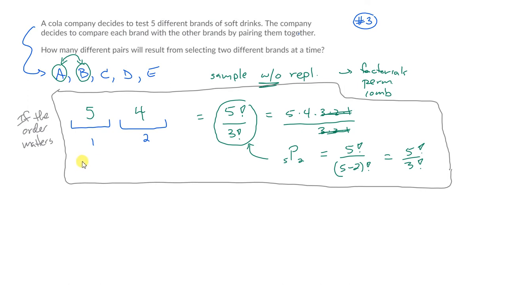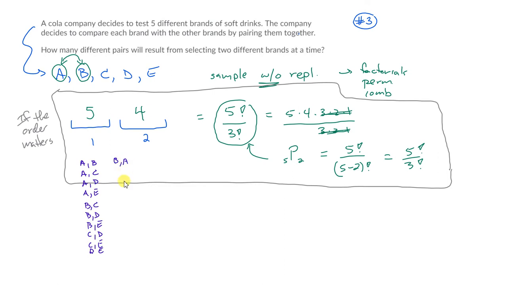I could do A with B. I could do A with C. I could do A with D. I could do A with E. I could do B with C, B with D, B with E. I could do C with D, C with E, and I could do D with E. I'm running out of room there, but D with E. Okay, 1, 2, 3, 4, 5, 6, 7, 8, 9, 10. There's 10 of them. Now, if the order matters, that would mean that choosing B first and then A would be a different selection.